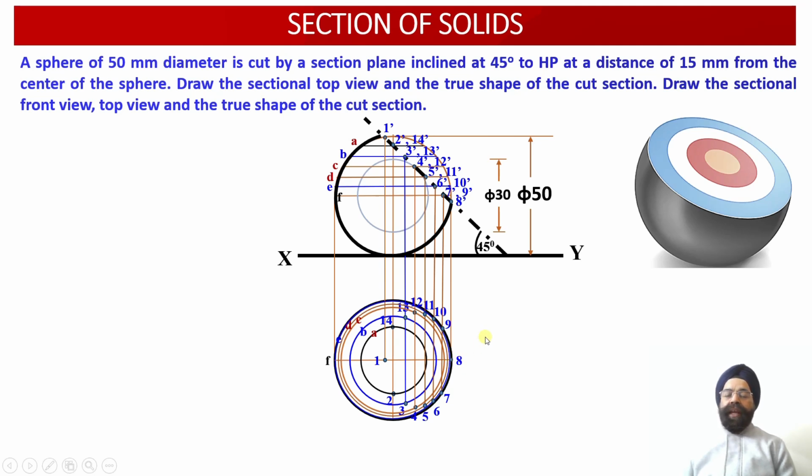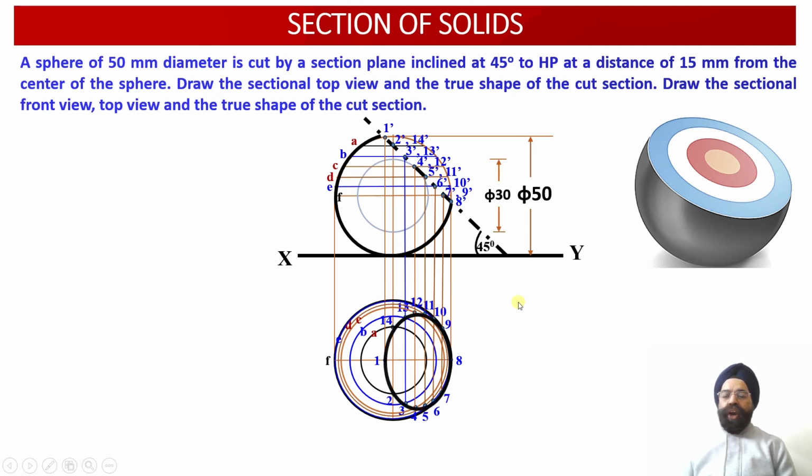So this way, by using the slicing mechanism, multiple points of intersection, that is 14 points of intersection, we have been able to evaluate into the front view projections. All of these multiple 14 points we have been able to obtain into the top view projections as well.